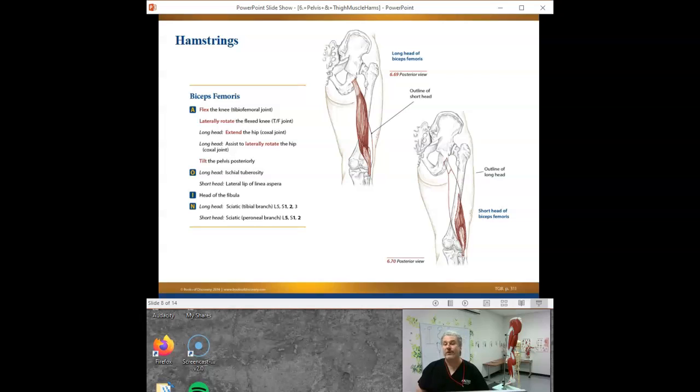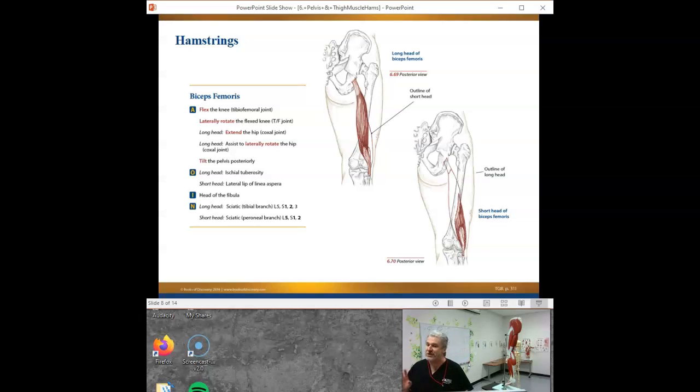Your hip, your coxal joint, the acetabular femoral joint. All those are the same hip joint, by the way. And then yes, your knee joint, which is your tibial femoral joint. Tibial femoral joint is the fancy name for that.